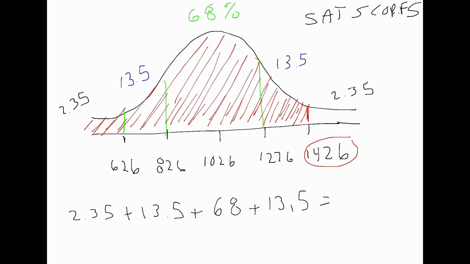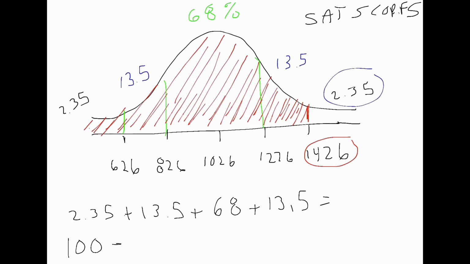Of course, the other way to do it is to know that 100% of my data should be everybody underneath this entire curve. So, and this is a good idea and good practice, if this whole curve represents 100%, and this section here represents 2.35%, then what percentage is the red shaded region?